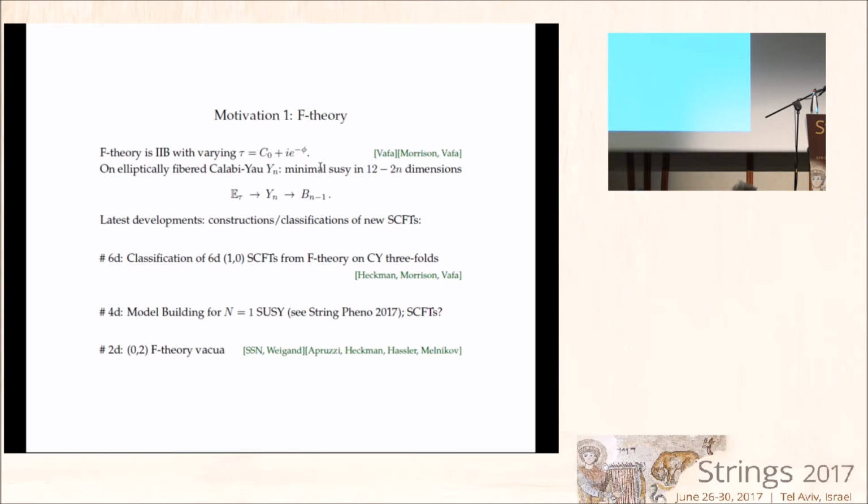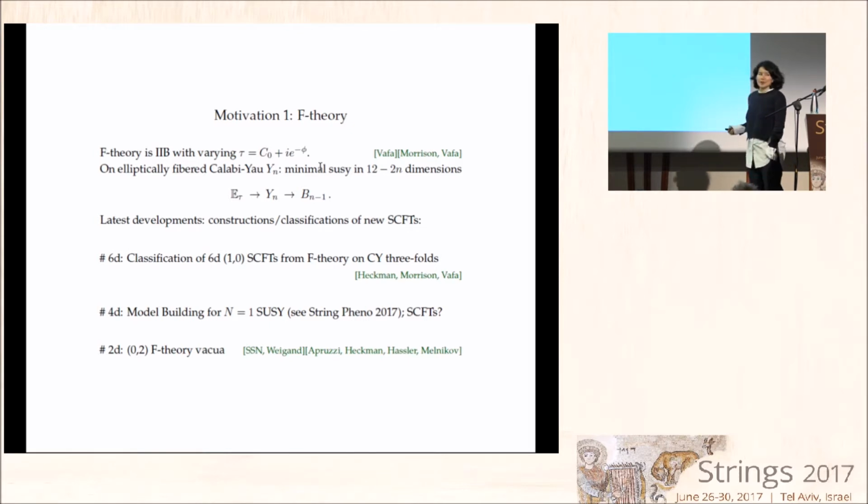So what have been the latest developments in F-theory? Well, first of all, there's been lots of progress in 6 dimensions. We heard some of that in the last talk. From an F-theoretic point of view, what's been really exciting is that F-theory on Calabi-Yau 3-folds can help classify 6d (1,0) theories. There's been a lot of progress also in 4 dimensions, but I think most of that will be relegated to next week's String Pheno conference.